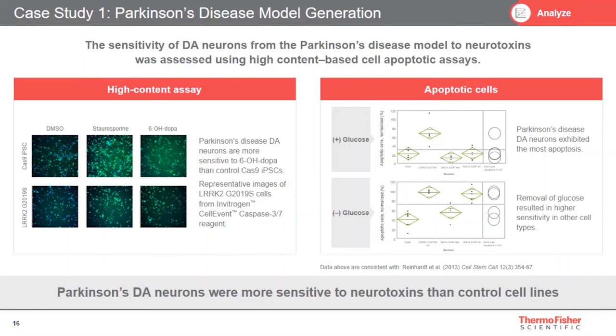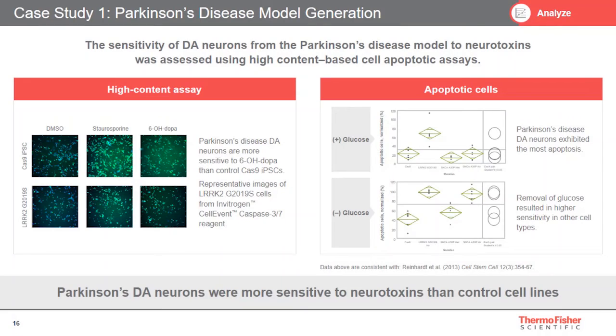For the DA neurons, the first column is our Cas9 parental line, our LRRK2 G2019S homozygous mutant is in the second column, then our SNCA A30P heterozygous in the third column, and SNCA A30P homozygous mutant line in the last column on the right. And as you can see, the LRRK2 G2019S mutant, again in the second column, is much more sensitive to the exposure of 6-hydroxydopamine, showing increased apoptosis.